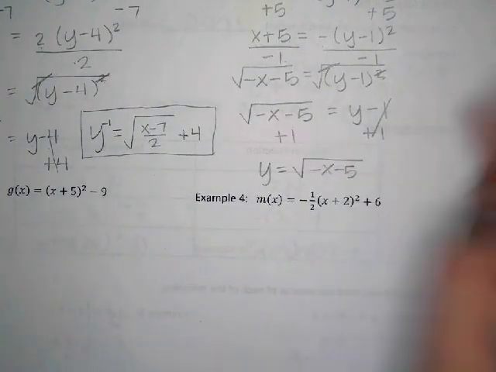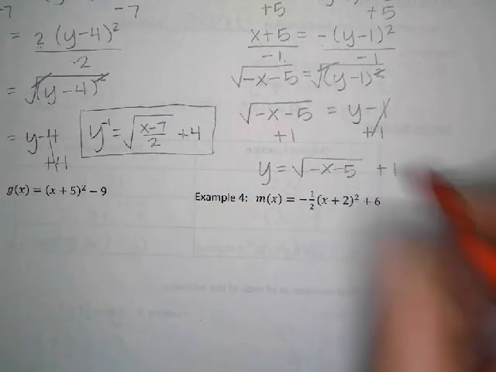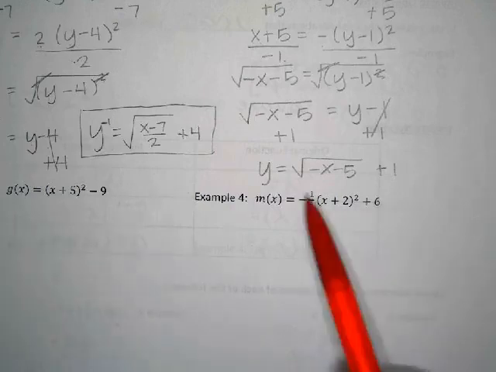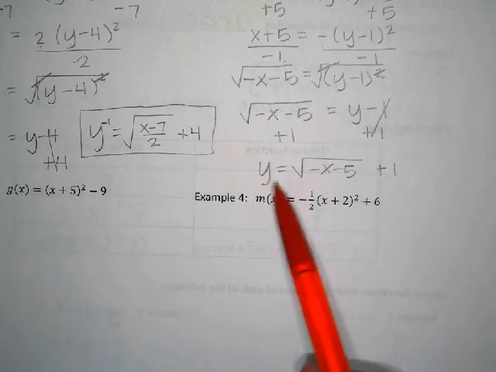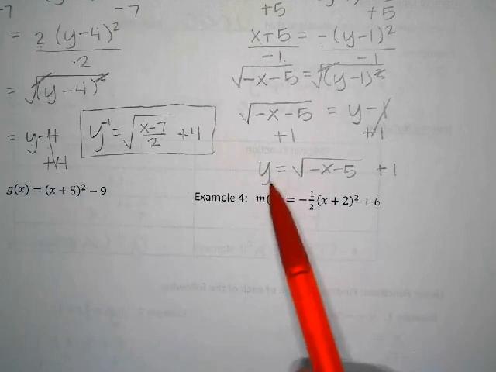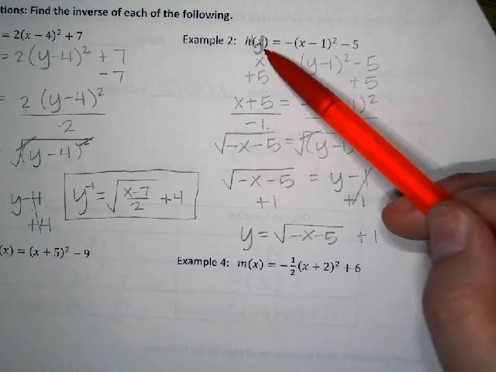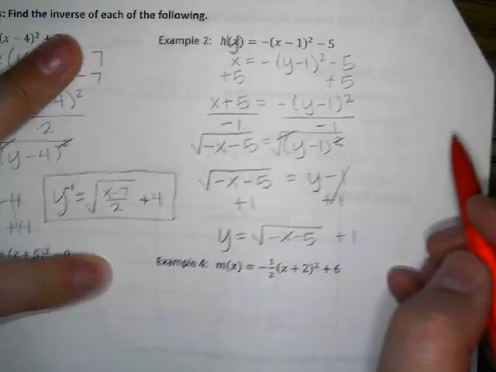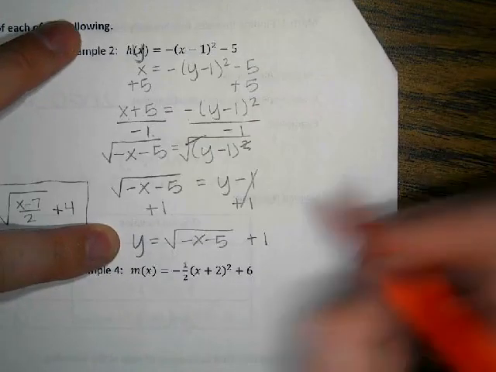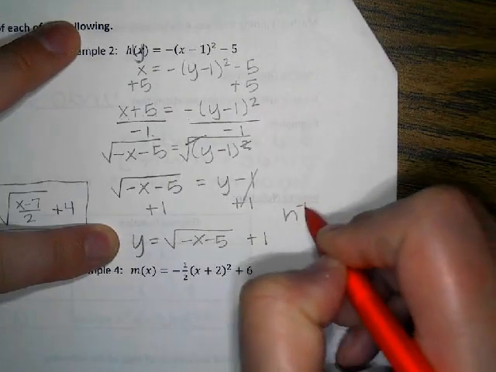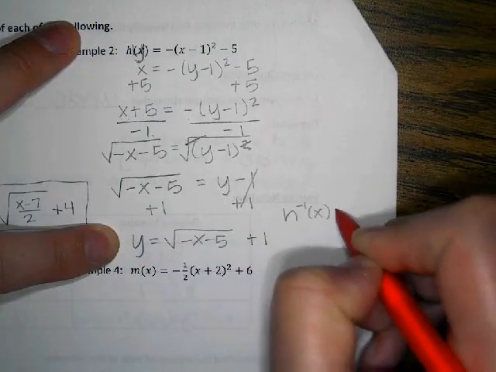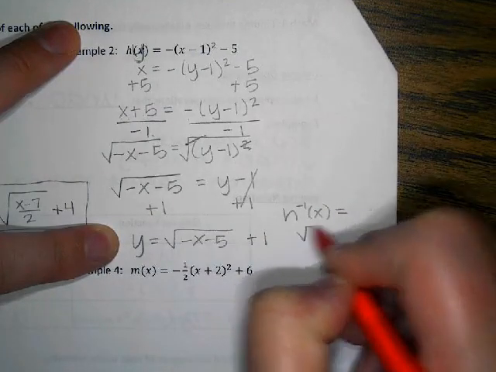Now, this is almost the right answer, but it doesn't look right because the original problem didn't say y equals. It said h. So our final answer has to say h as well, and it has to say inverse. So we're going to say h inverse of x equals the square root of negative x minus 5, and then the plus 1.